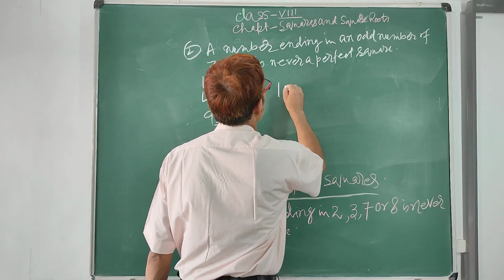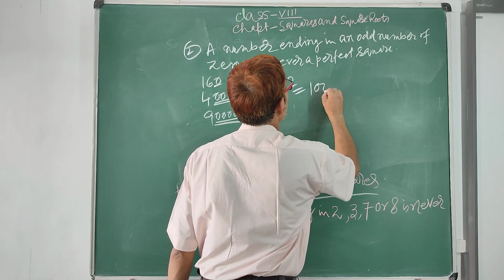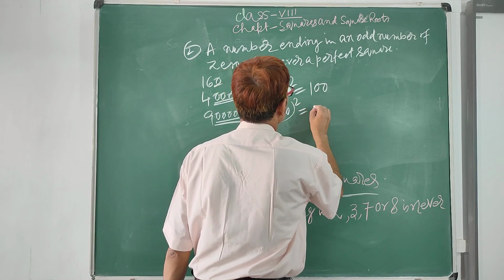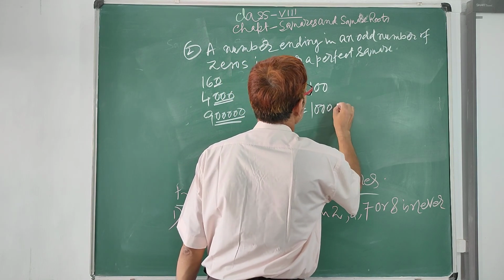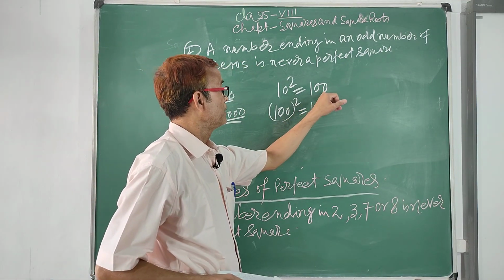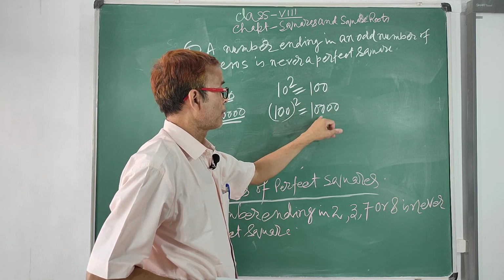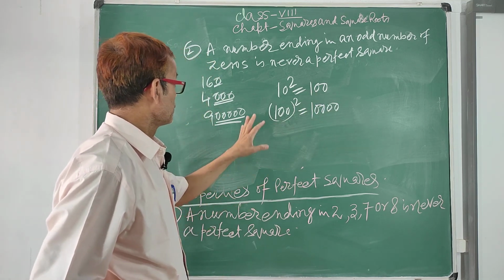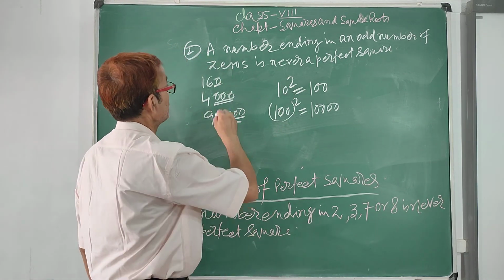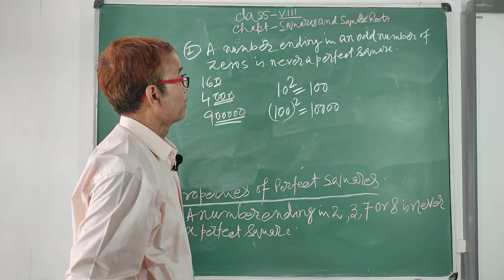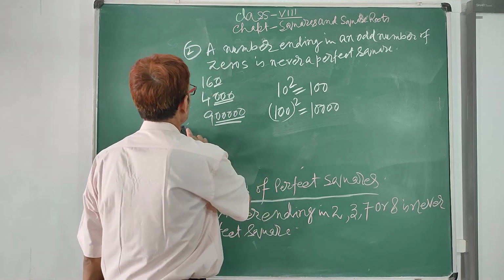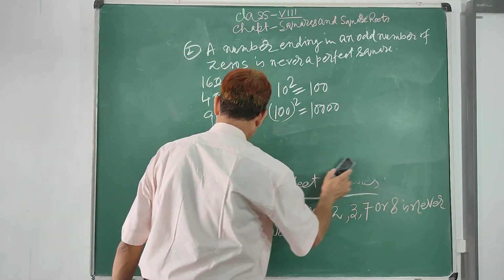For example, 10 square is 100, and 100 square has 4 zeros. So if there are 2 zeros or 4 zeros or 6 zeros, then that number is a perfect square. If the number of zeros is odd, then the number cannot be a perfect square. This is the second property.